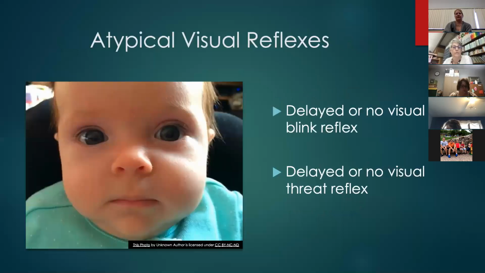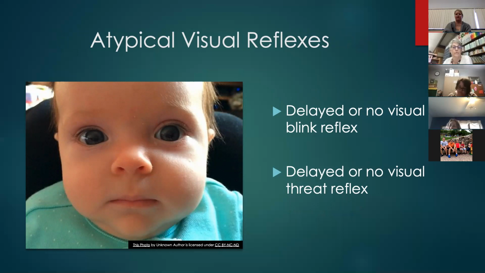In Christine Roman-Lantzy's work, we talk about a delayed or no visual blink reflex. So there's two different reflexes, there's a visual threat. If something is thrust at the face, that's a threat reflex.